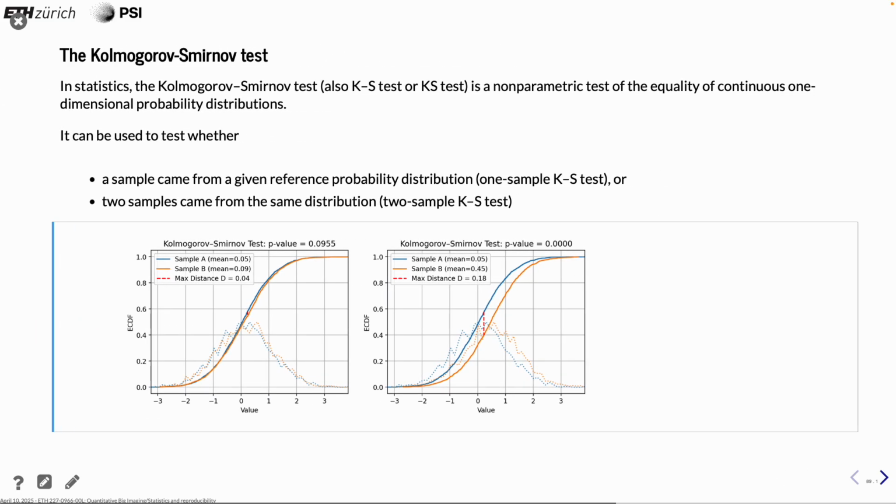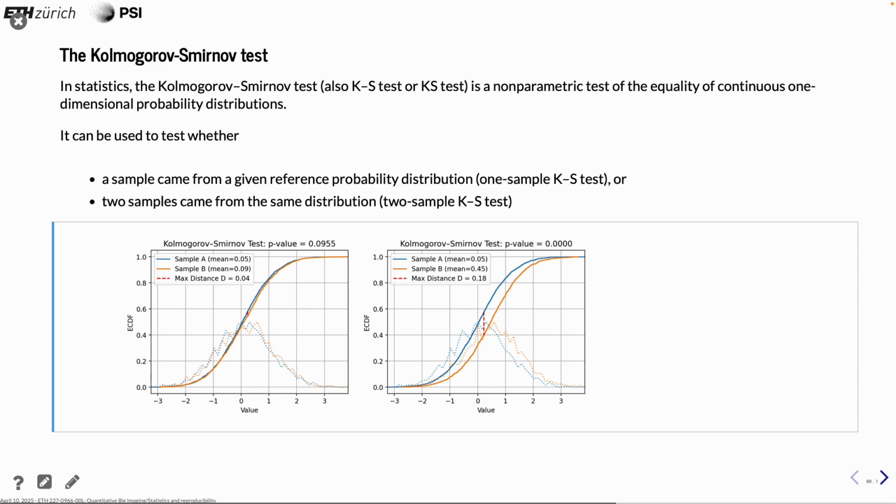An alternative test that we can work with is the Kolmogorov-Smirnov test. It's an interesting test because you don't need to know the parameters of the distribution. You can actually compare an arbitrary distribution in this test to tell if there is a difference between them.